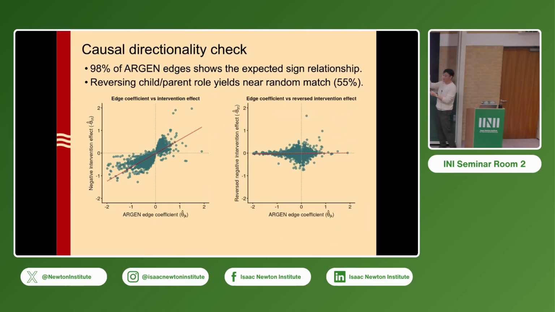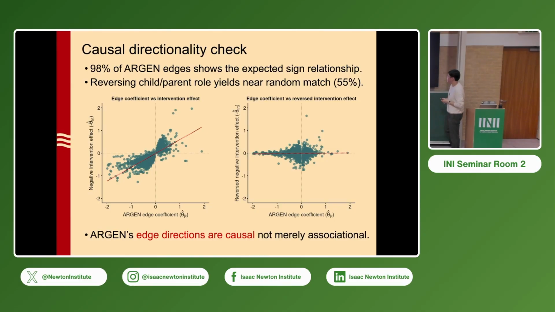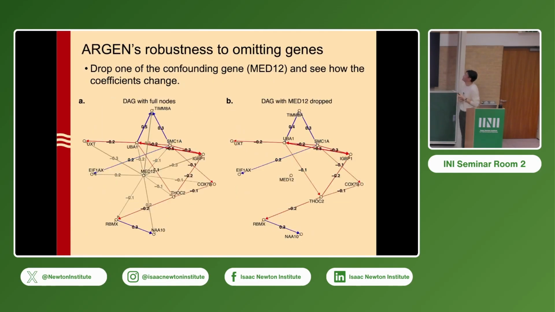On the other hand, if we reverse the child and parent, then you can see that the y-axis is pretty much flat. And reversing the child and parent role shows only about 55% sign match, which is kind of similar to random. So this is showing us that the Argand's edge directions are causal, not just merely associational.